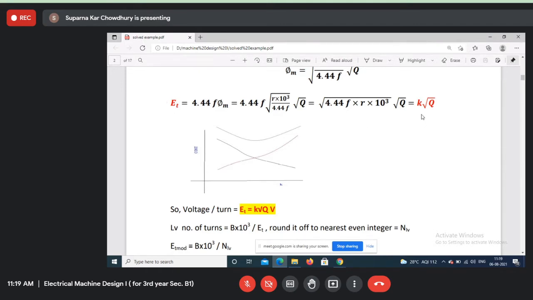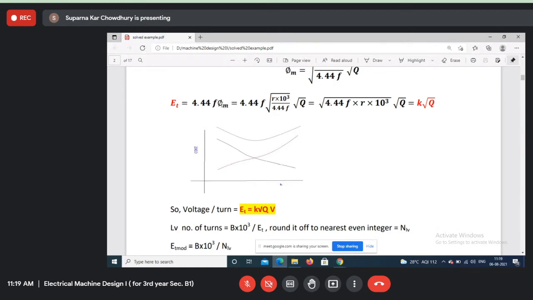Now, instead of that, if we increase K to 0.6, then ET value will increase. If the voltage per turn increases, since your voltage rating is constant, the number of turns will decrease. And from here you can see if ET increases, phi m will increase.